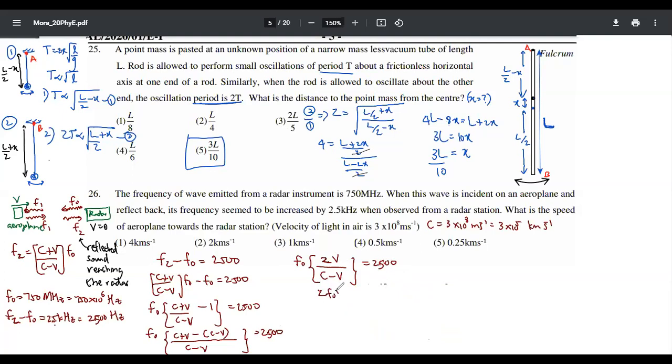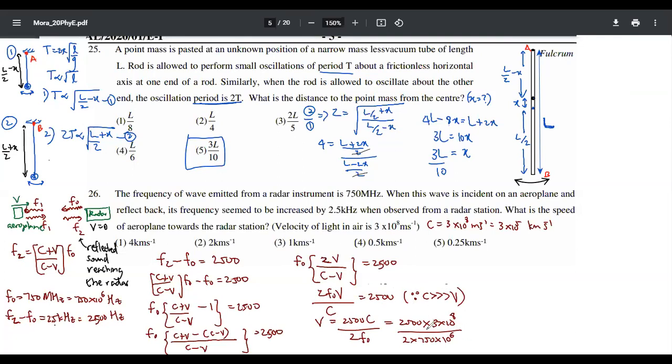It is written as 2 F naught V over C equal to 2,500. That is because C is much larger than V. So V is equal to 2,500 C over 2 F naught. That is 2,500 into 3 into 10 to the power 8 over 2 into F naught, which is 750 megahertz, 750 into 10 to the power 6.